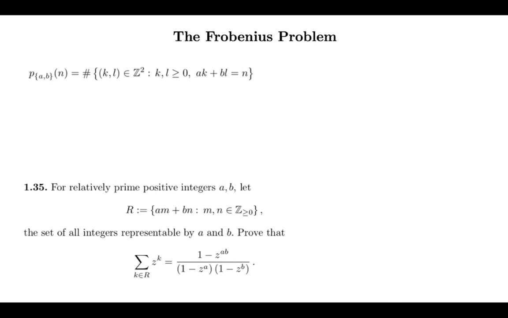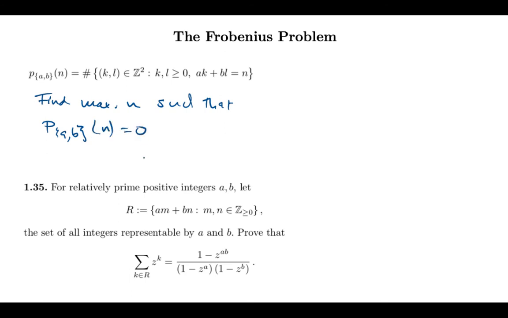Okay, now let me just say a few remarks about the Frobenius problem. This is sort of the motivation for chapter 1, for why we look at the restricted partition function. So the Frobenius problem in terms of the restricted partition function says the following. You want to find the maximal integer n for which the restricted partition function is 0.